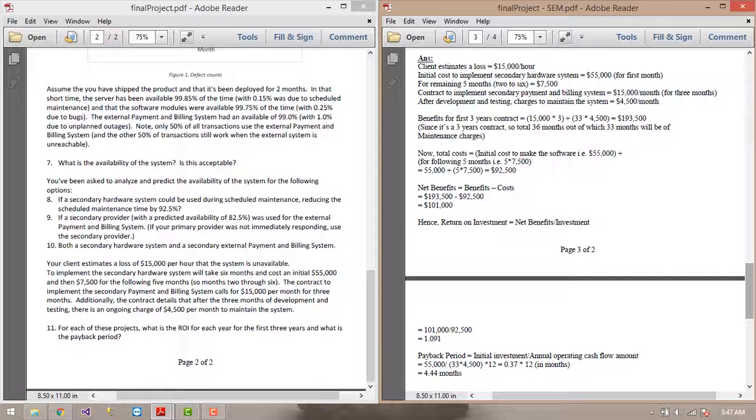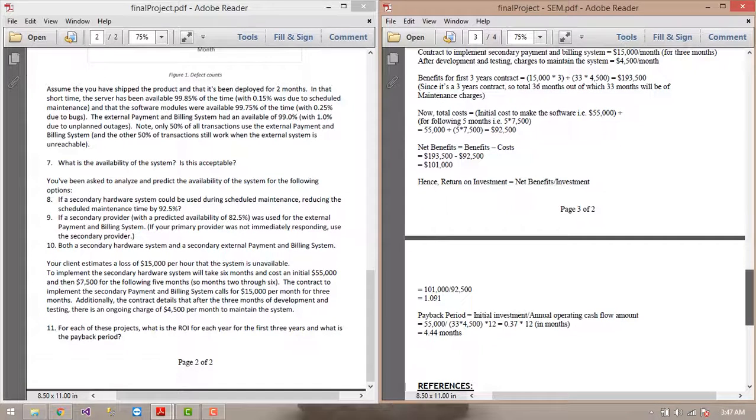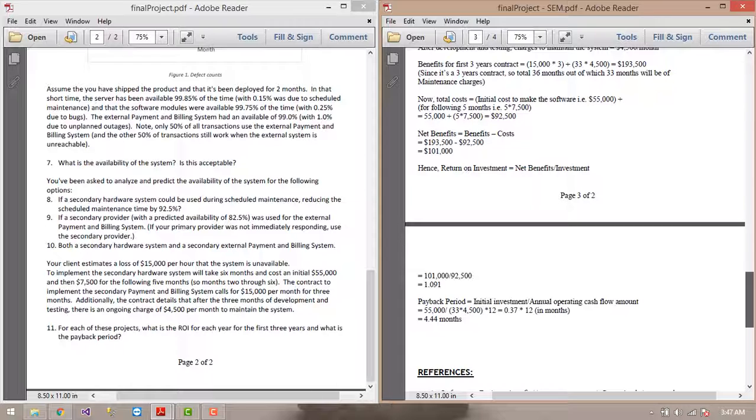And now the total cost would be the initial cost to make the software, that is $55,000, and the following remaining 5 months, that is 5 times 7,500.